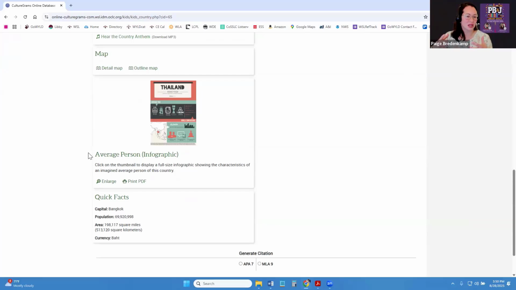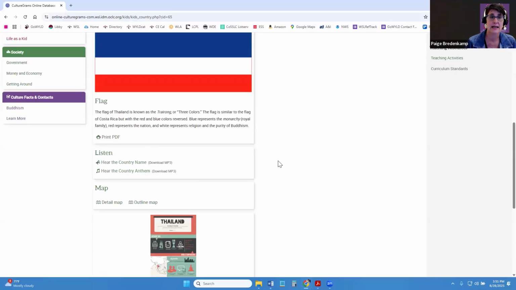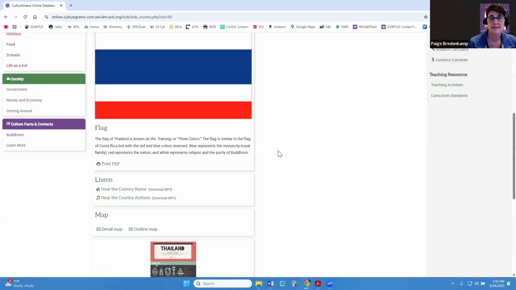It's all cohesive in one safe space, in one database, which is Culturegrams. You're absolutely right. This is all curated information, and you can cite it as a source. It's reliable, it's timely, it's updated constantly.